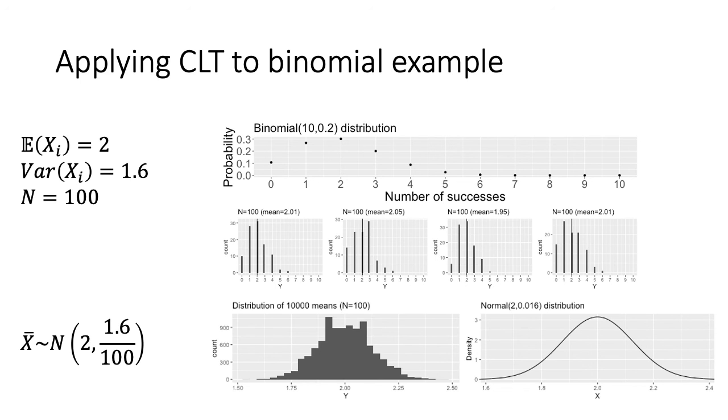And then on the right-hand side, we've got the theoretical distribution that we've just shown on the left. So mean 2 and variance 0.016. And you can see there's a pretty good fit. There's a little bit of wiggle on that histogram on the left, but basically that's a really good theoretical fit to what we've seen there.